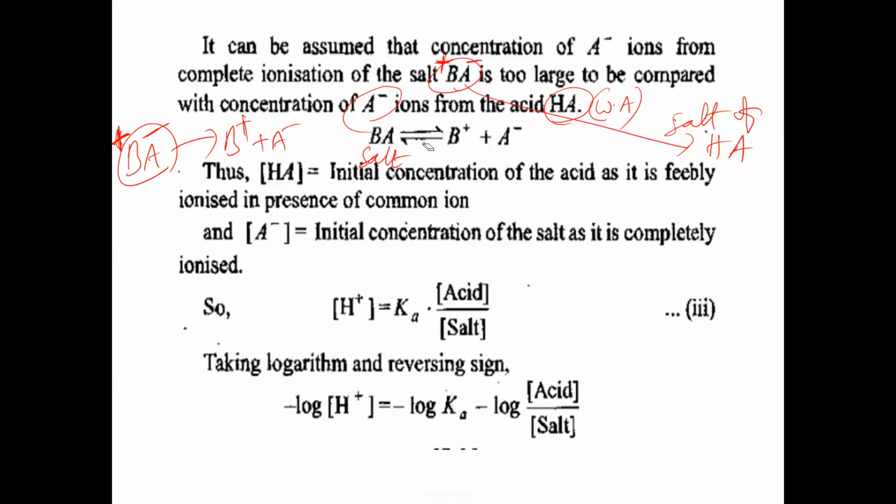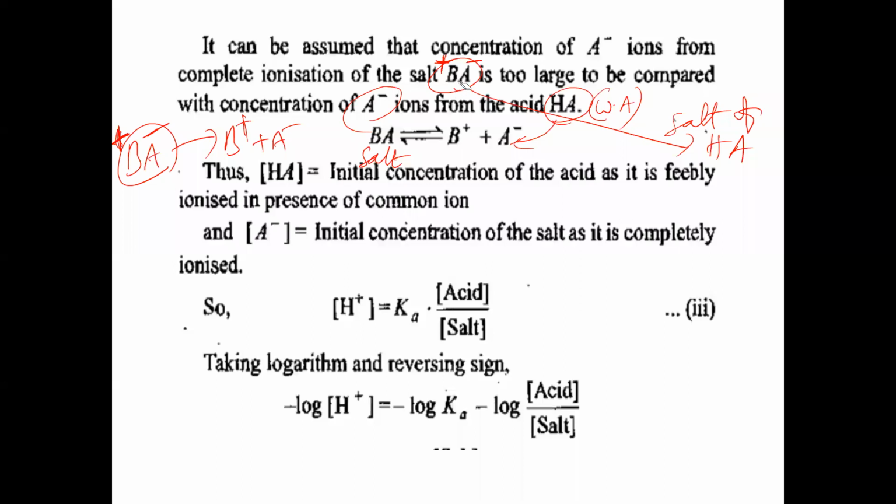But the double arrow is added here because sometimes A minus is coming from the acid also, right? From the weak acid also A minus is coming. Then when A minus is added to this equilibrium reaction, the backward reaction will take place according to Le Chatelier's principle. When the backward reaction takes place, we have to show a double arrow. That's why it is shown as a double arrow here. In some books, only a single arrow will be shown. Don't worry. Salt means it completely dissociates.